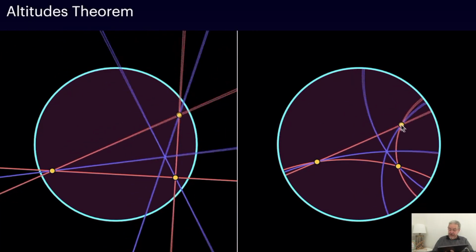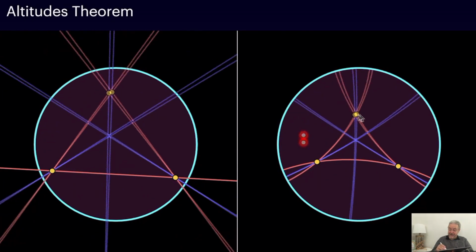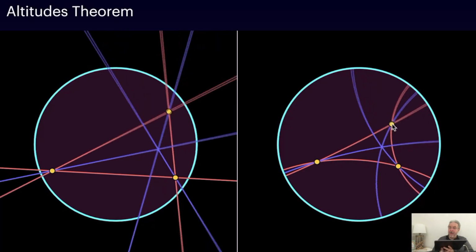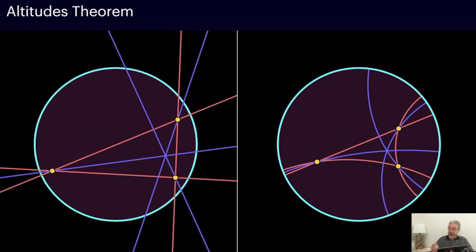So essentially here we have proved a nice and strange theorem about circles in the plane, because everything we're doing here is essentially circles in the plane.